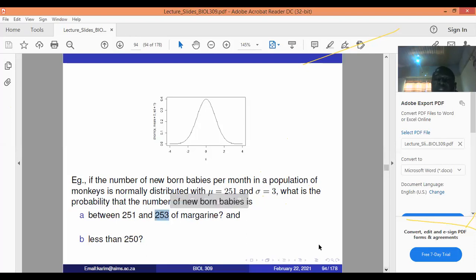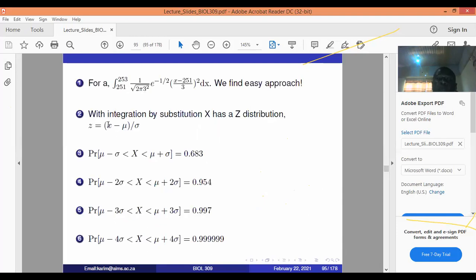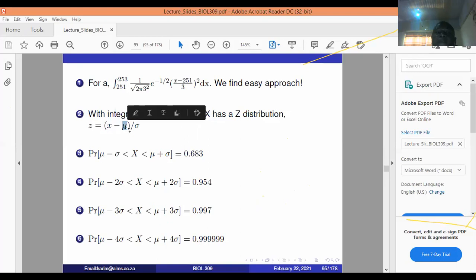So I'm going to substitute 253 here, then I'll substitute 251 here. Then I will divide that by my standard deviation, which is 3.